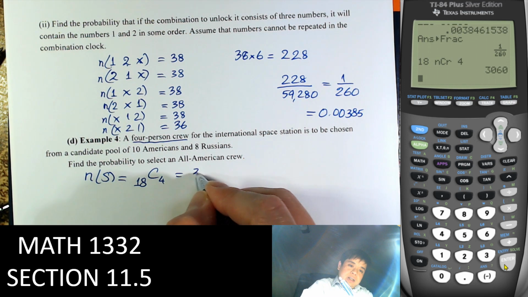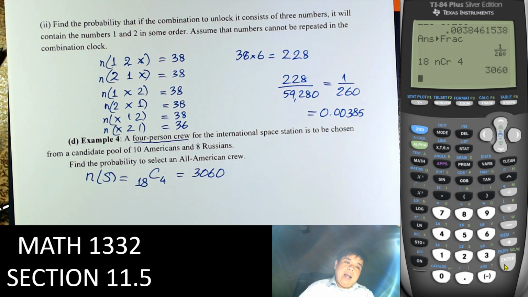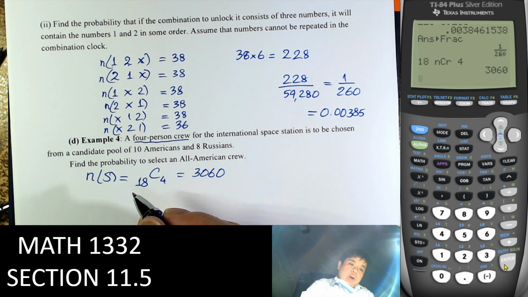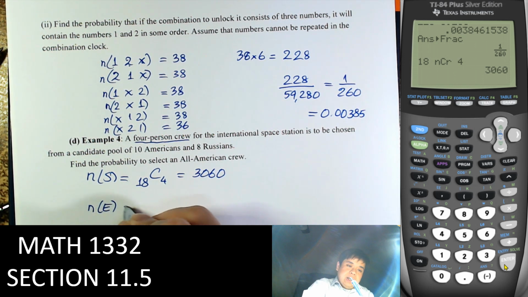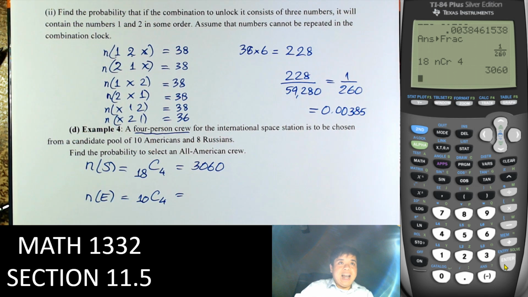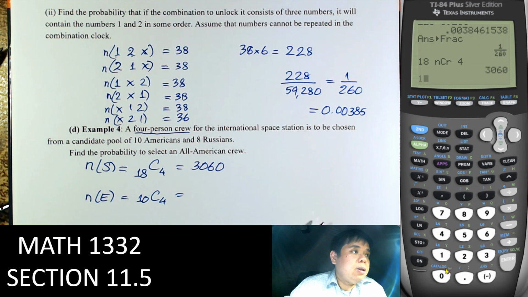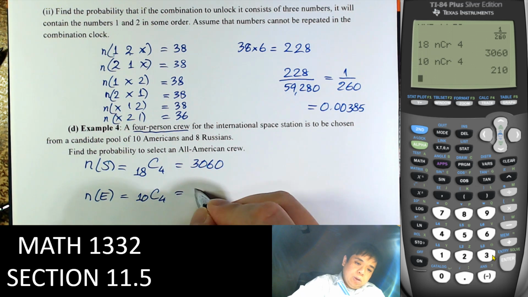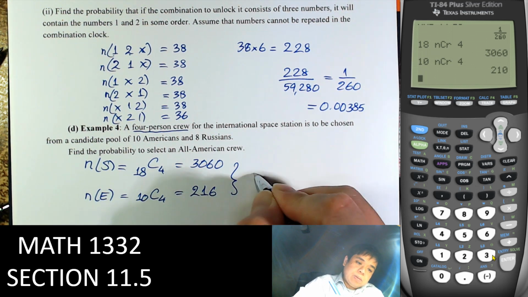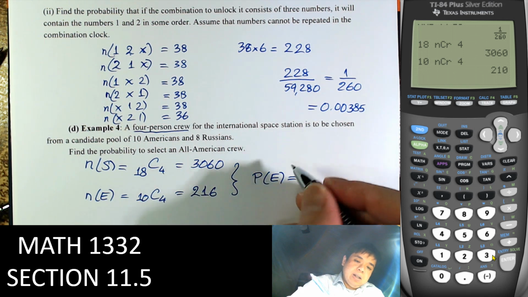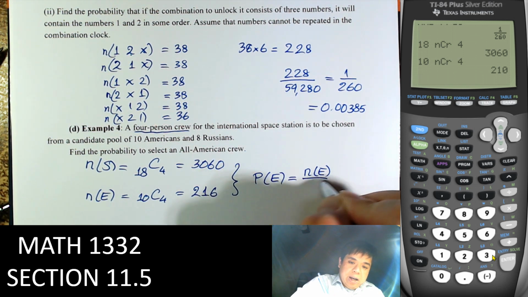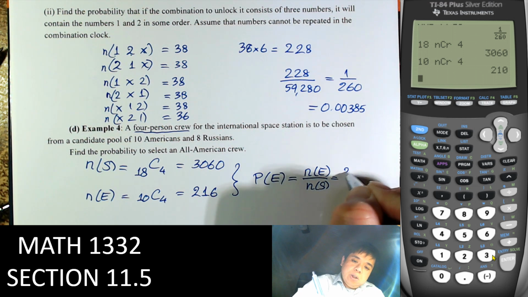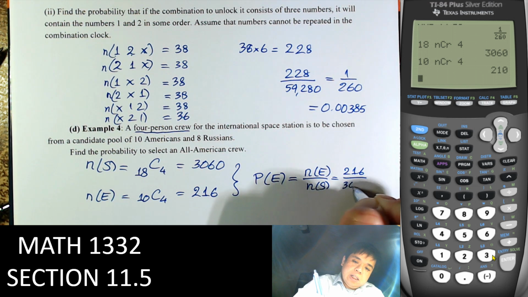So that's 3060. And then an all-American crew is where we select 4 Americans out of 10. So that's 210. So the probability of the event is n(E) over n(S), 210 over 3060.